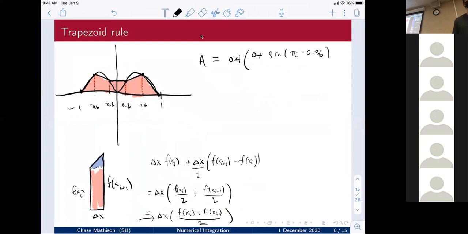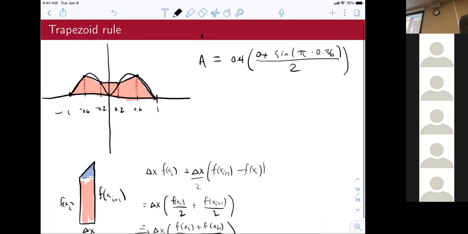You square 0.6, you get 0.36. So there's f of x_{i+1}, and I divide by 2. So there's the area of the first trapezoid. Okay.